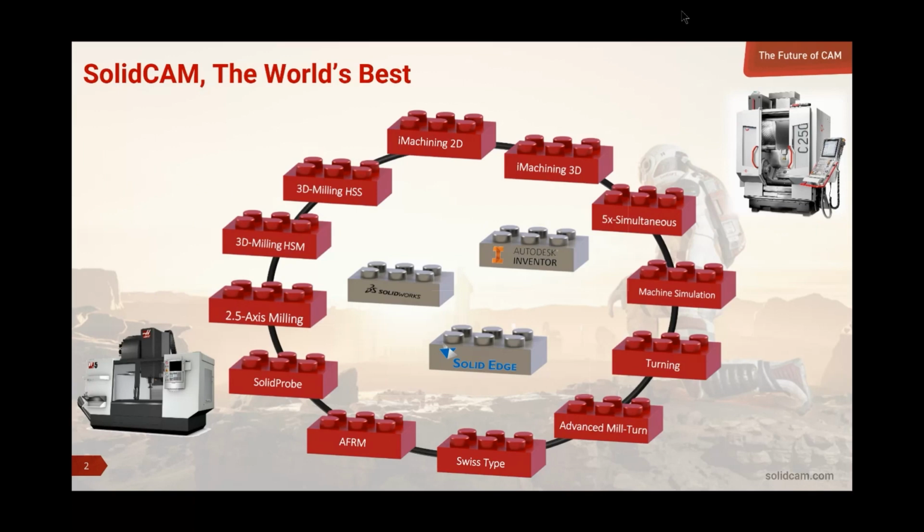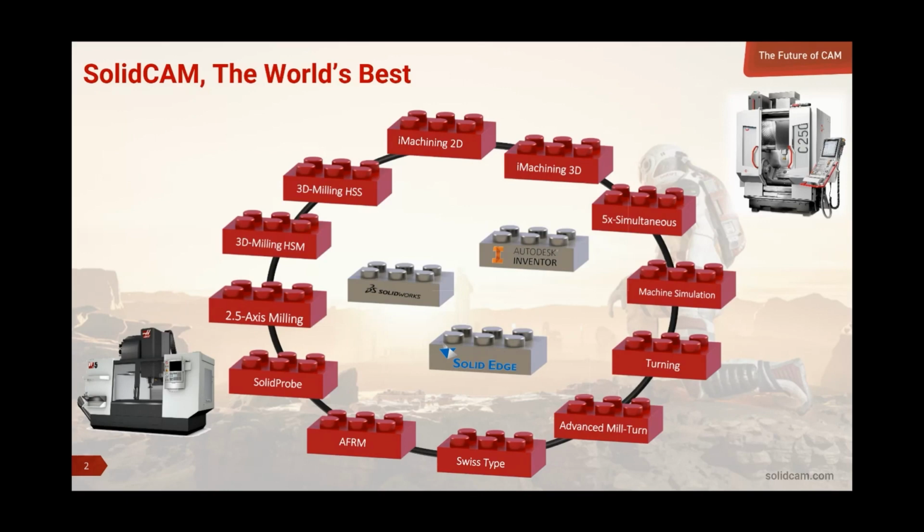SolidCAM presents many technologies that give us the ability to really manage toolpath at a higher level. For instance, we can manage unlimited numbers of channels of synchronization, and we can also handle an unlimited number of axes of motion. We can do up to 5 simultaneous, but what's really interesting, we can actually do 5 simultaneous on 2 independent channels simultaneously. So wrap your head around that one.